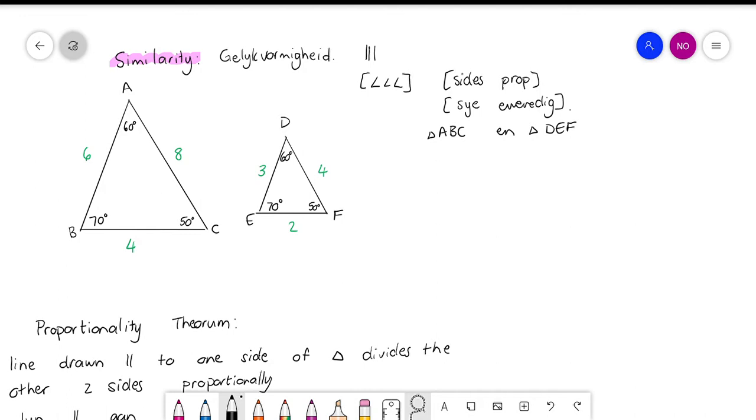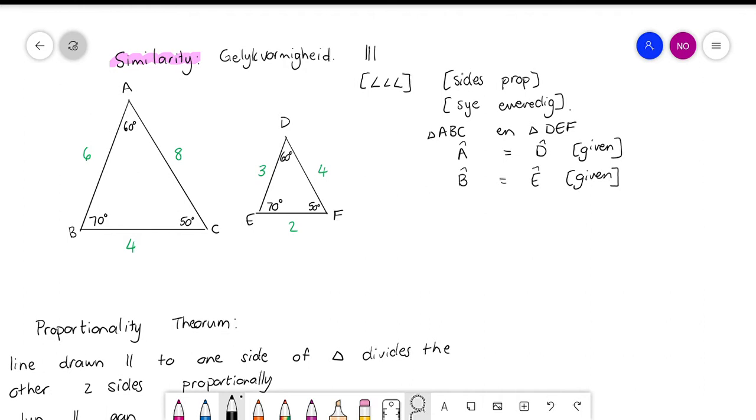Okay. So, we're going to say angle A is equal to angle D. That's been given. And let's say angle B is equal to angle E. That's also been given. So your reasons here are going to be something else when we start with the real examples.